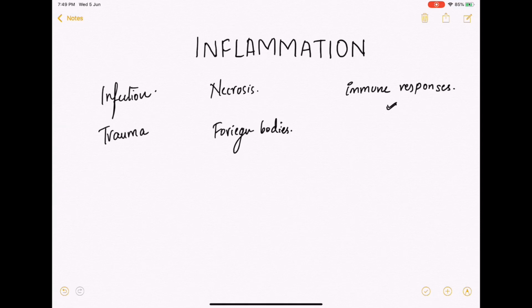So, when any of these causative agents is present in the body, the different types of host tissues try to communicate with each other via a few chemical mediators. With the help of these chemical mediators, they're trying to bring the immune system to the site of inflammation and try to eradicate or ward off the causative agent.